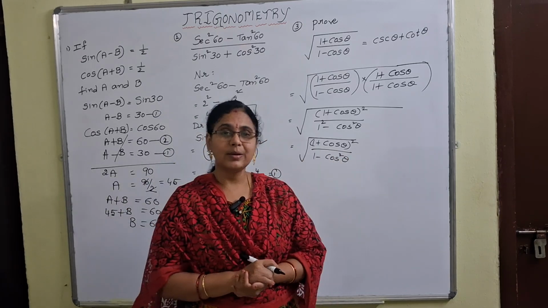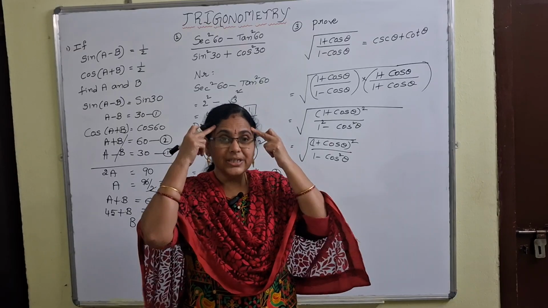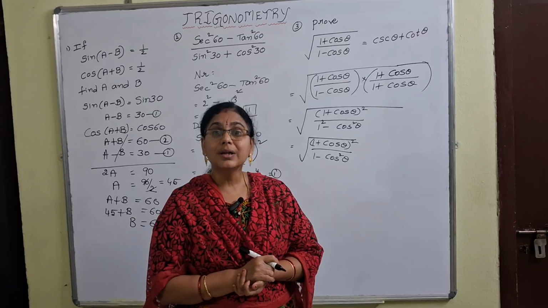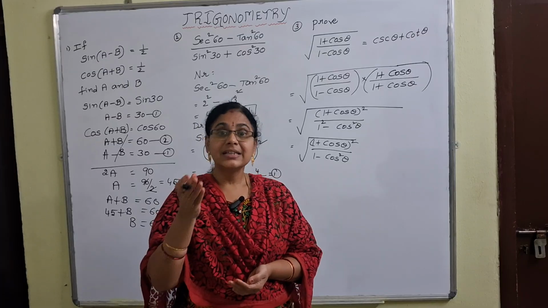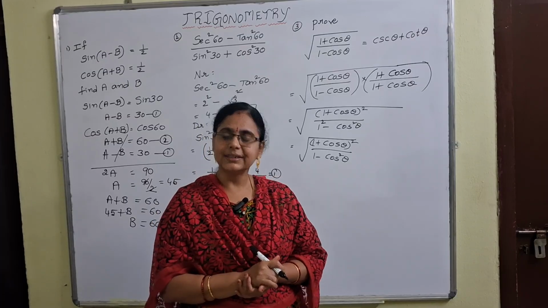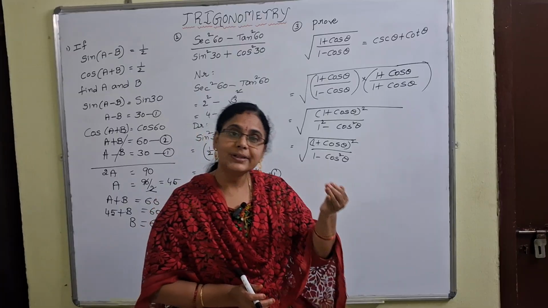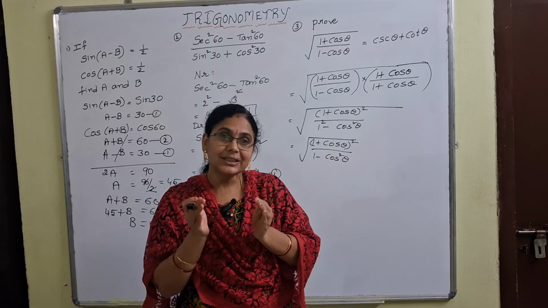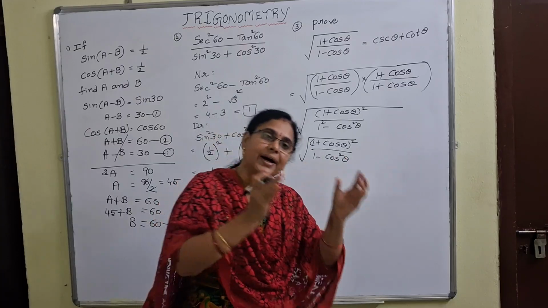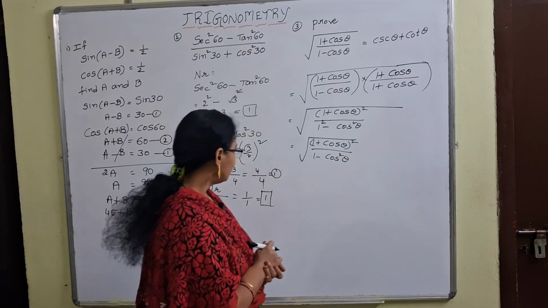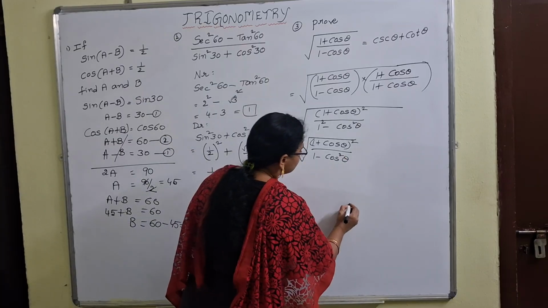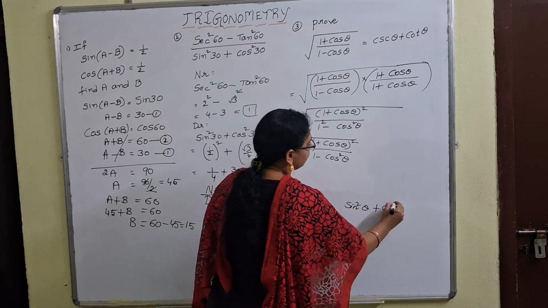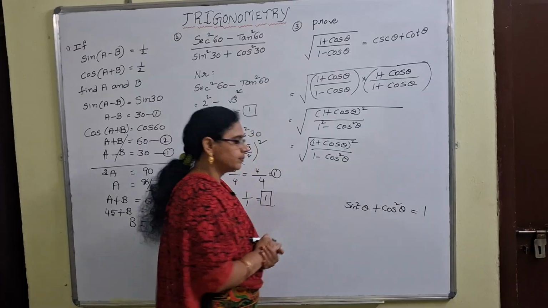By seeing this 1 minus cos square theta, immediately you have to remember the identities. What are the identities? Yes, exactly. Sin square theta plus cos square theta is equal to 1. When I require sin square theta, 1 minus cos square theta, if you want, you can write that one also. Sin square plus cos square is equal to 1.